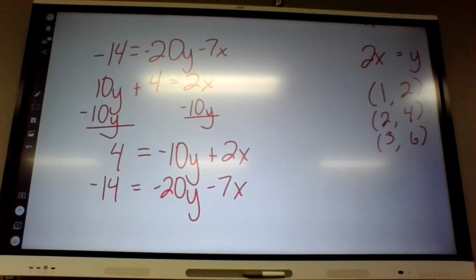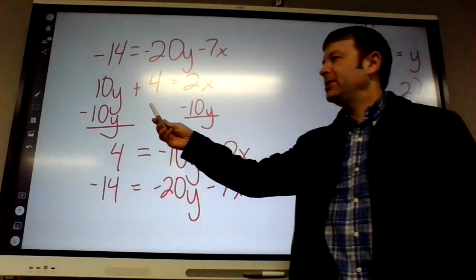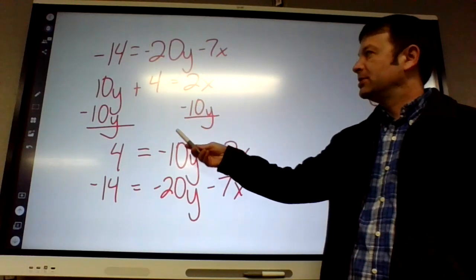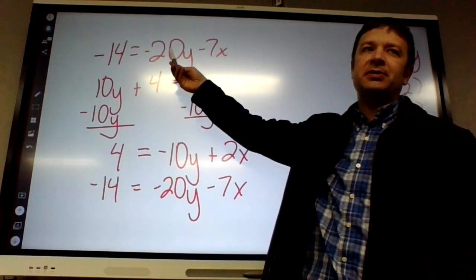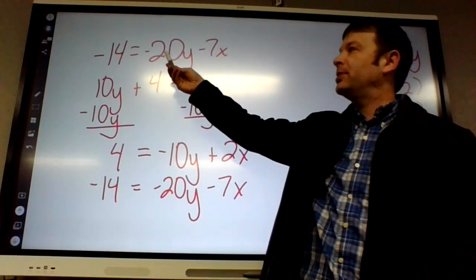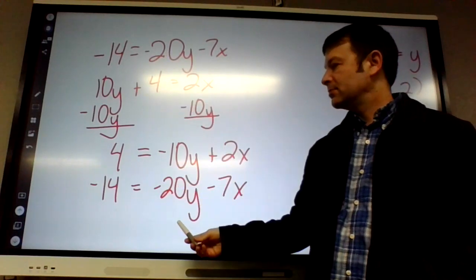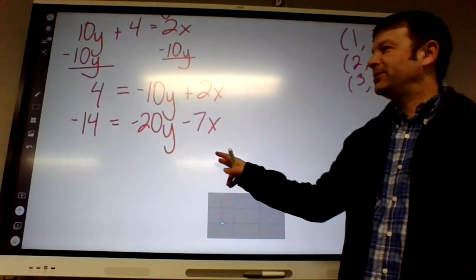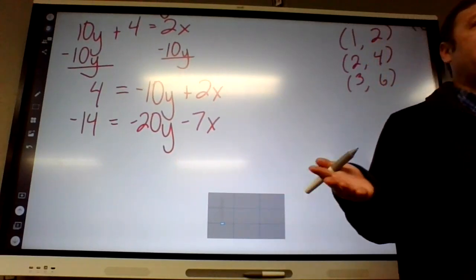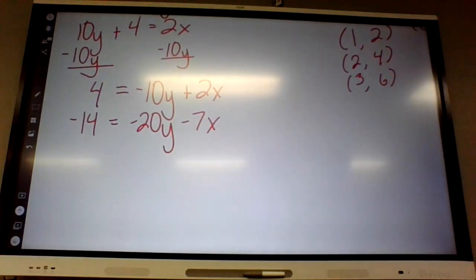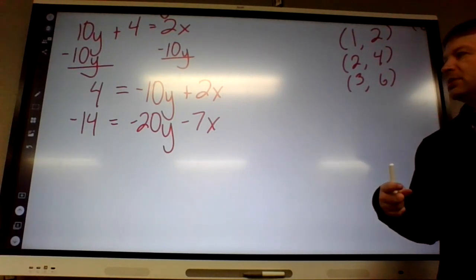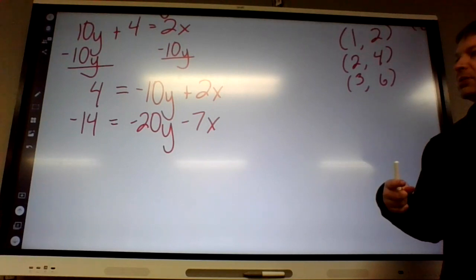On the bottom line, I just subtracted 10y over so that it'd be on the same side as the minus 20y. Now, it's still kind of written backwards, but it doesn't really matter. We just needed the x's and y's and constants to be lined up. They just made it more annoying.